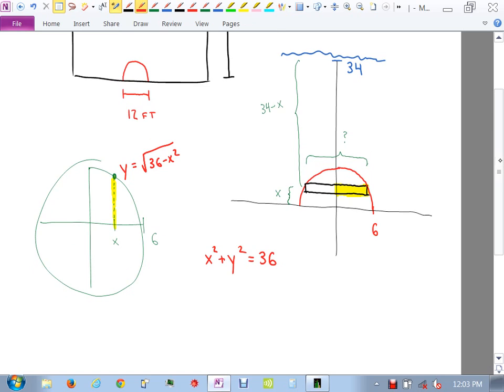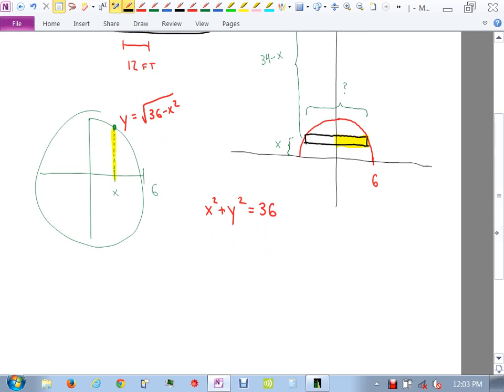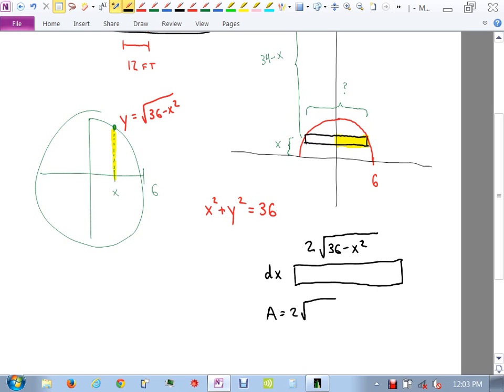Okay, so I'm ready to try and come up with a formula for my rectangle. Here it is. For the area, I have dx. I have twice that, the square root of 36 minus x squared, don't I? That would give me the area of that. So area is 2 square root of 36 minus x squared dx.